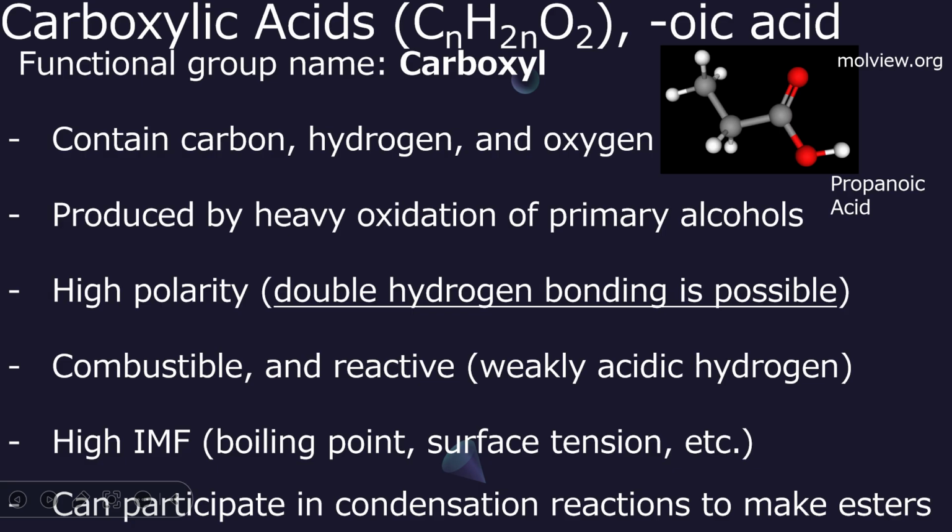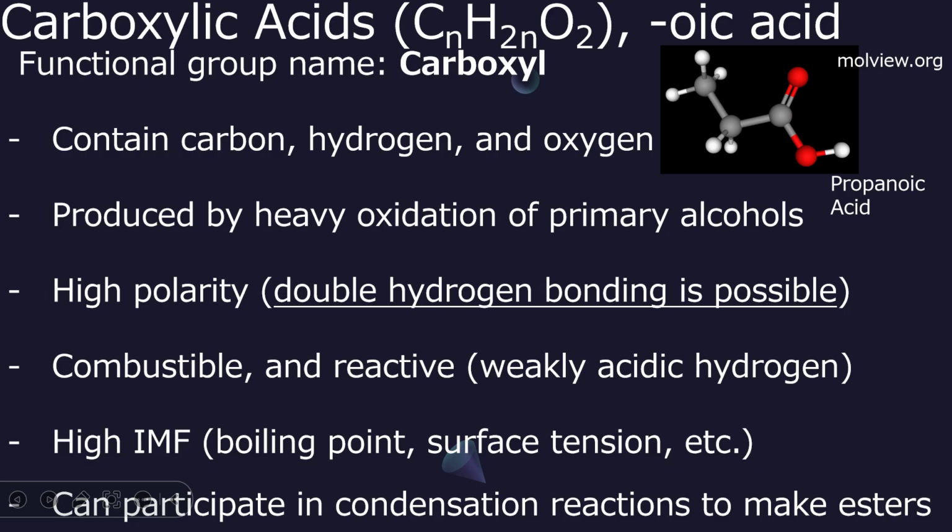The OH group in carboxylic acids releases H+ fairly well, almost nothing compared to sulfuric or hydrochloric acid, but as weak acids go, carboxylic acids can release H+ and lower the pH of solutions. They have high intermolecular forces, that means high boiling point, surface tension, etc. And they can participate in condensation reactions to make esters, as I mentioned.